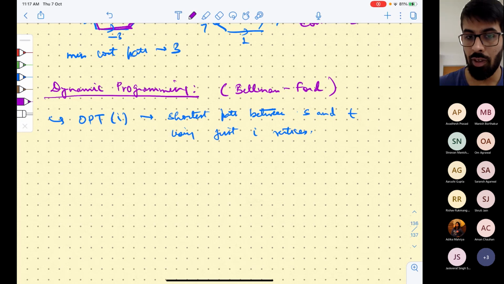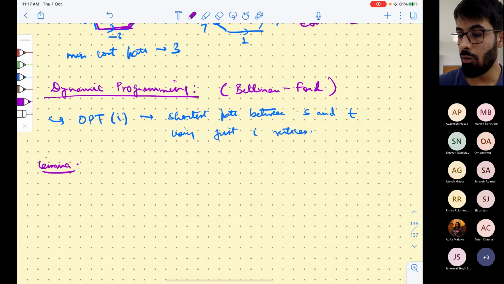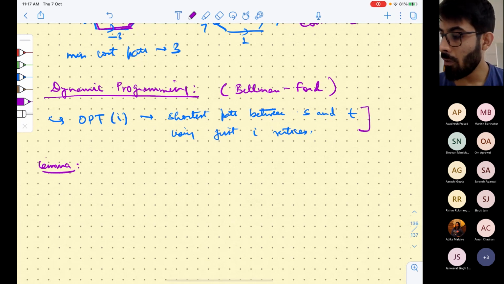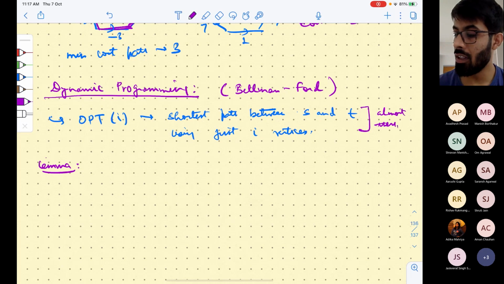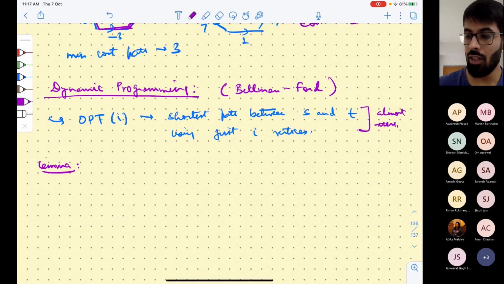And for that there is an observation or a lemma, you can say, which will be useful. So this one is almost there, but not really. This will not help us much. So to get the structure, let's first look at what the negative cycle implies, right?